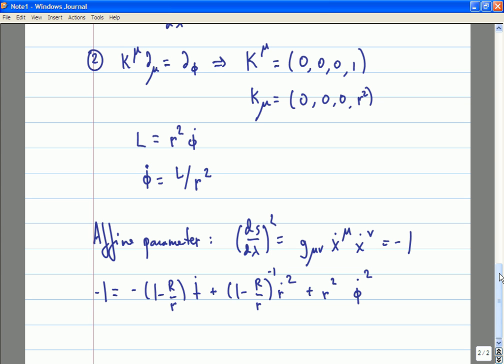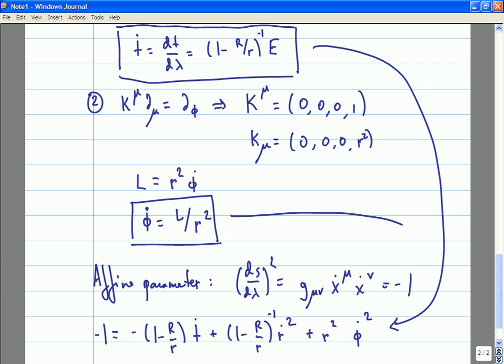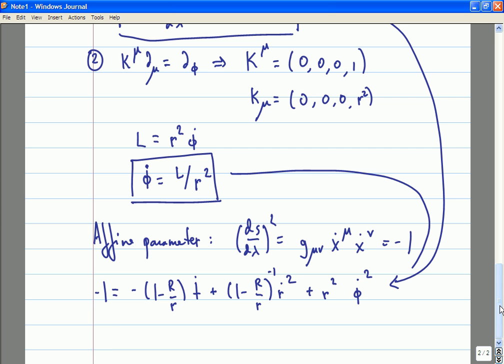So in particular, phi dot is L over r squared, and t dot is (1 minus R over r) inverse times E. So let's just go ahead and plug those into this equation. What do we get? We get minus 1 is equal to minus (1 minus R over r) inverse times E, because t dot, sorry, there's a square there.